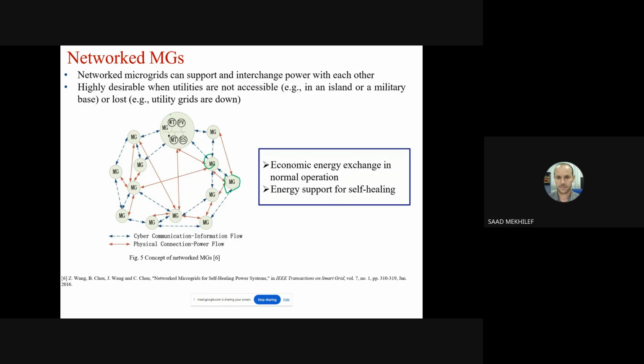Tomorrow it will be the opposite, and so on. And the energy support is for self-healing capabilities, which is what I mentioned before. The concept of self-healing capabilities is very important when you have a network of microgrids.